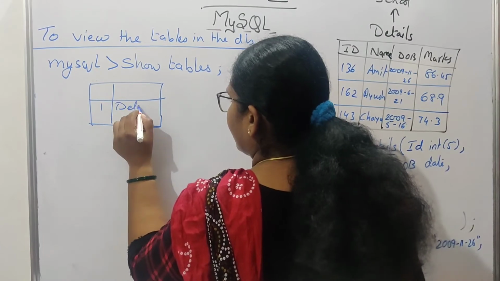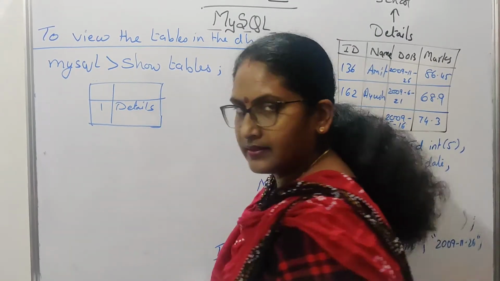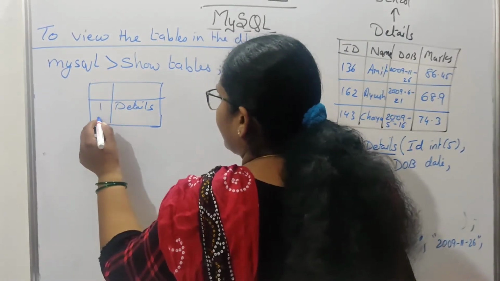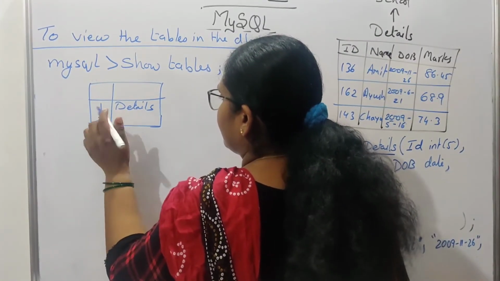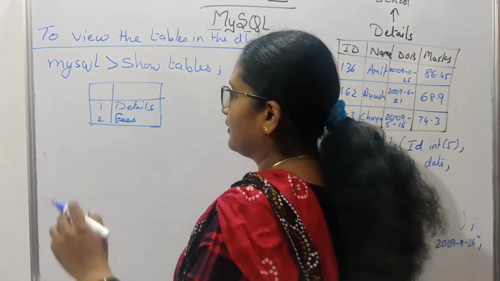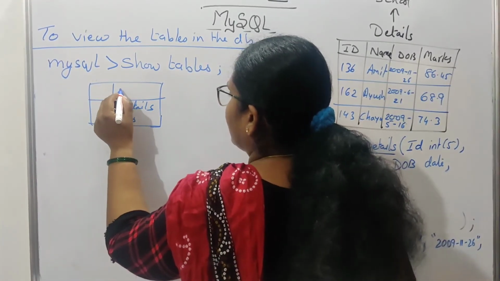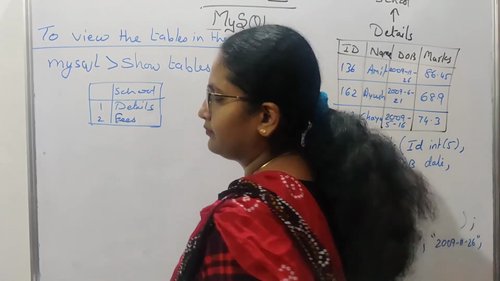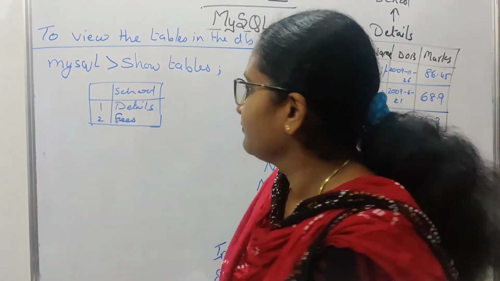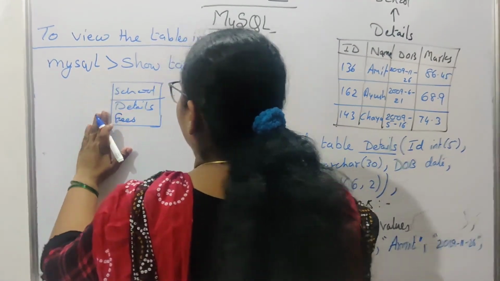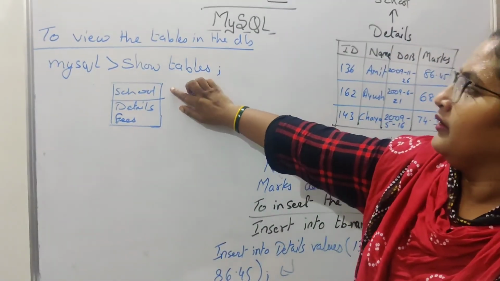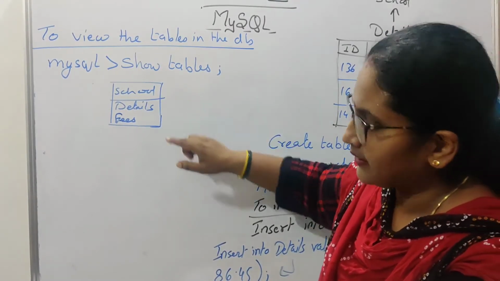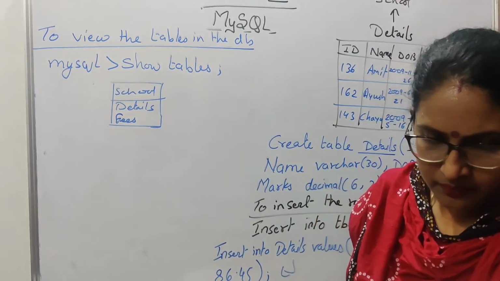Details we are having like this, and suppose another table is there, school fees. Show tables. What was the database name? School. It will show you the database name, and how many tables you are having in it, it will display to you.